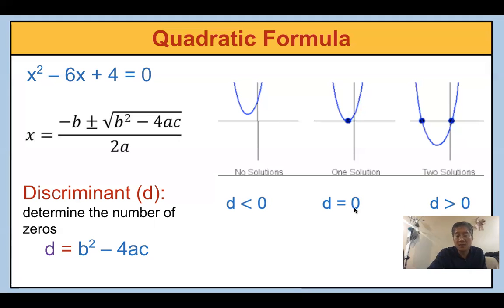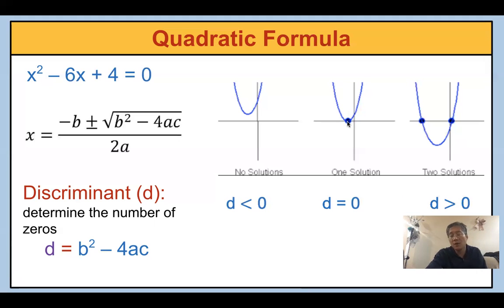But if D is equal to 0, this becomes 0, which means this whole thing will be gone, right? You have only one solution, negative b over 2a, which is the vertex, right? So we call it a double zero.